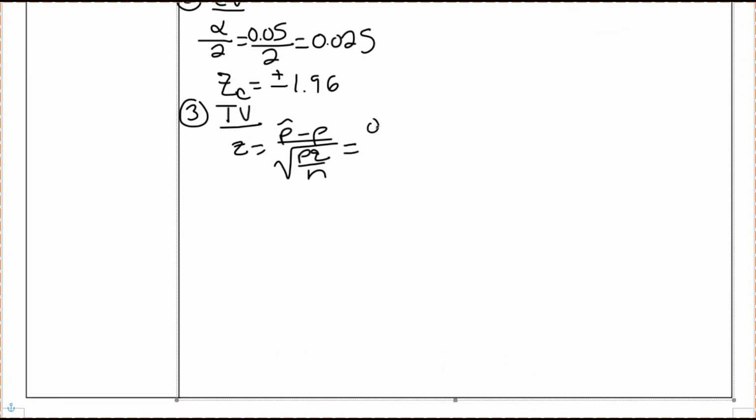So we got 0.21 minus 0.17 over the square root of 0.17 times q, which is 0.83, divided by 200.